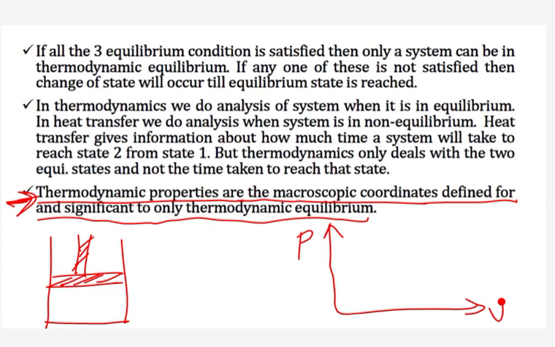If I want to show a point here, I can show it only when the system is in thermodynamic equilibrium. Obviously, because the system will have a single pressure P and a single volume V, only then can I indicate it here.